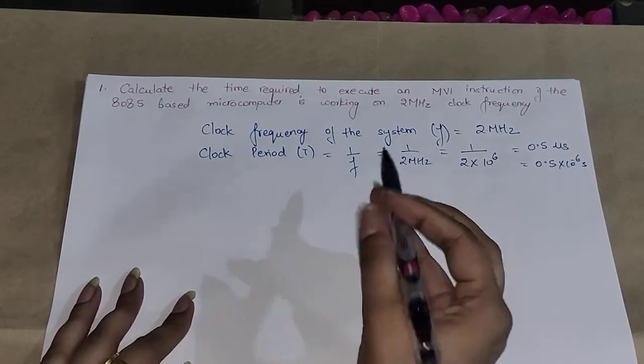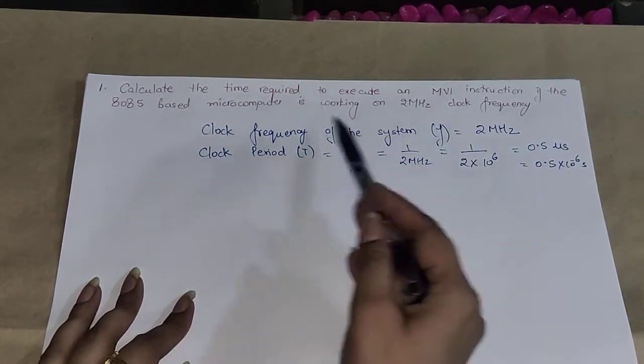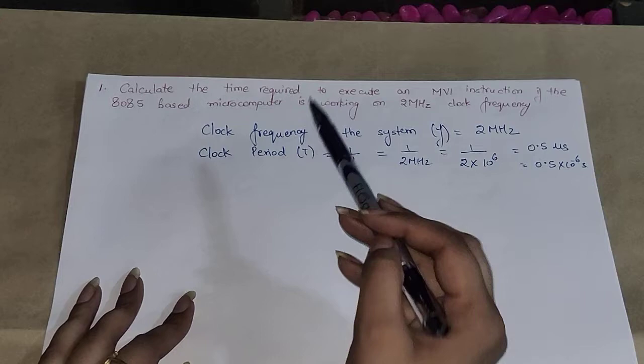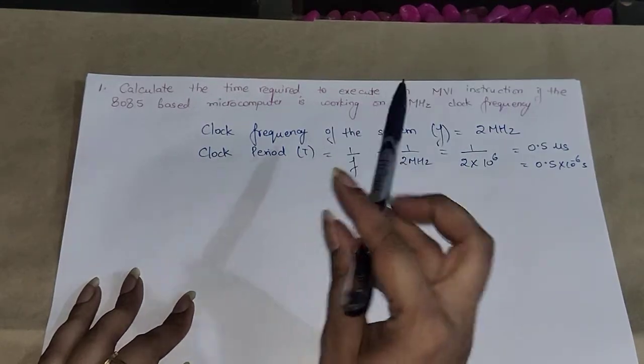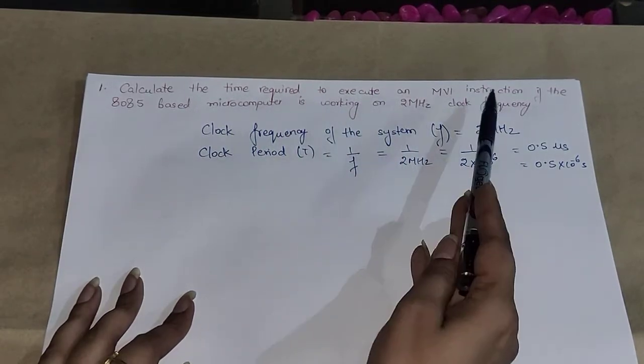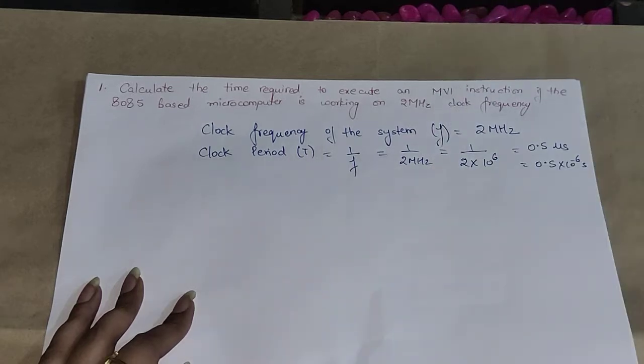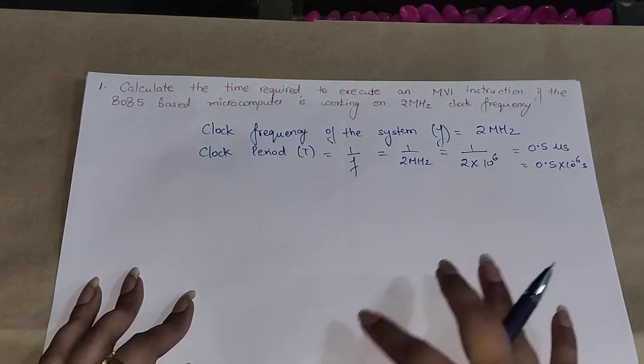It is asking to calculate the time required to execute an MVI instruction. We have calculated the clock period of the system. Now we have to calculate how much time the MVI instruction requires to execute on an 8085 microcomputer.